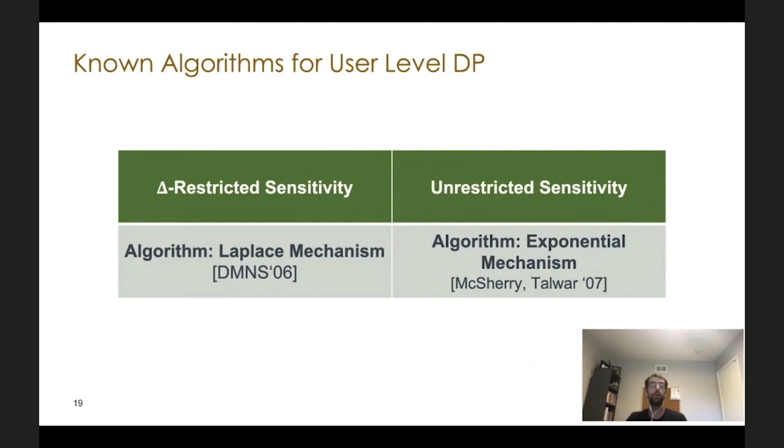This is where we know in advance how many bins a user can actually modify, which is parameterized by this capital delta. For that, we use the Laplace mechanism. Or we're in the unrestricted sensitivity setting where we have no prior knowledge. Maybe a user can modify all the bins. And so for that, we have to use the exponential mechanism to give you some bounded privacy loss.